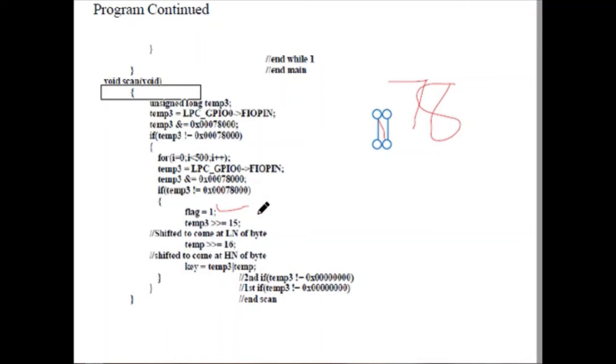Depending on this, it may have some value. That value is shifted right 15 times in order to store it in the lower nibble, and the temp value is shifted right 16 times in order to hold the value in the higher nibble.